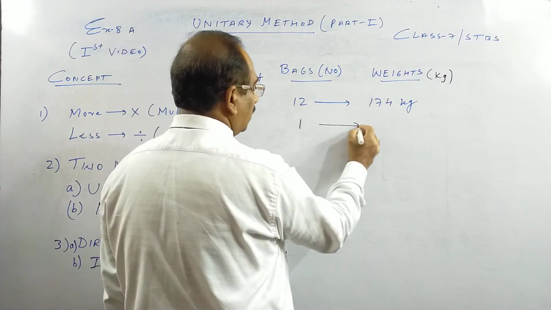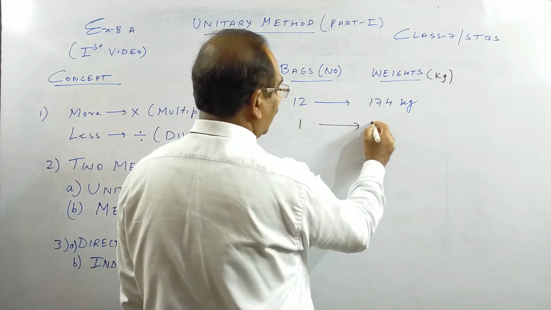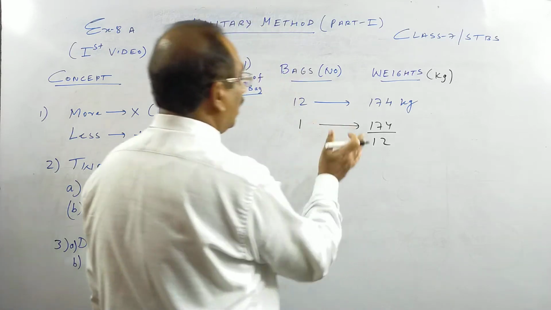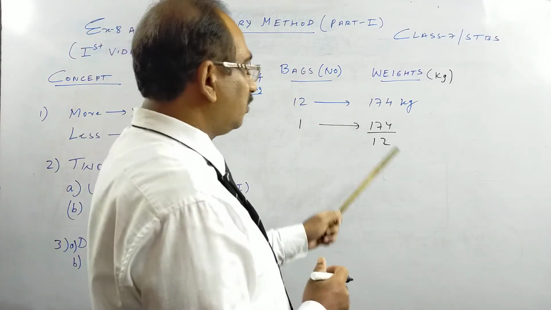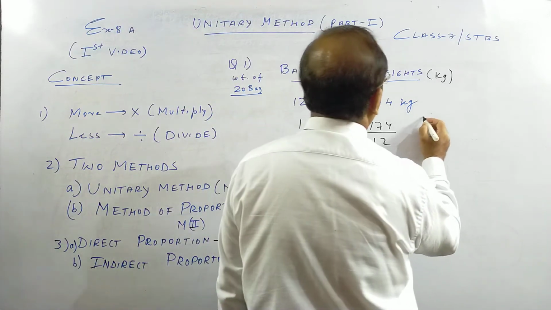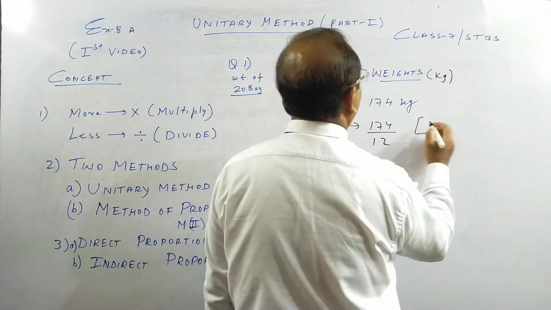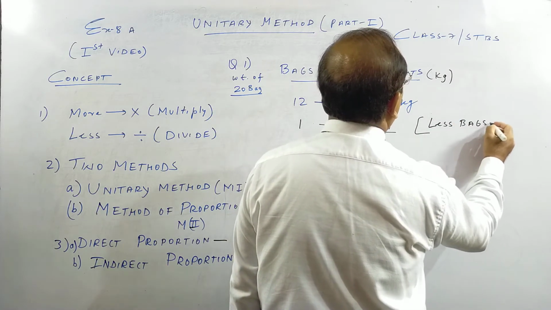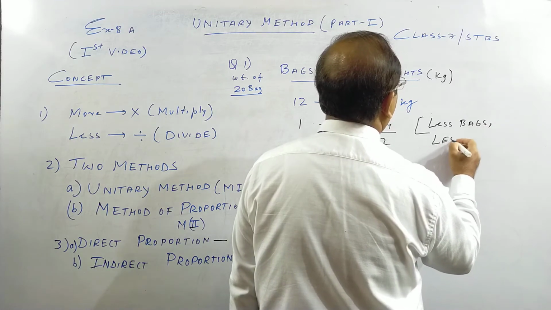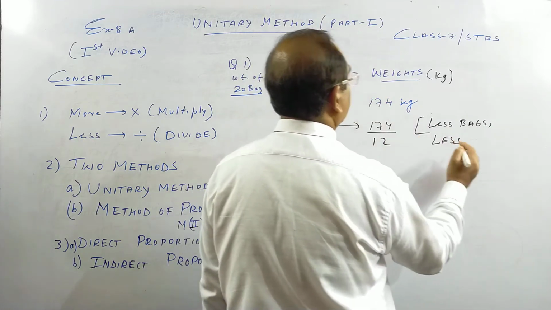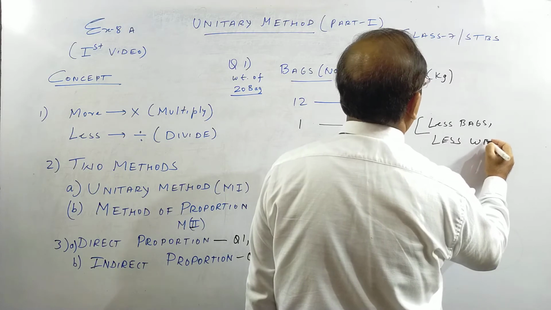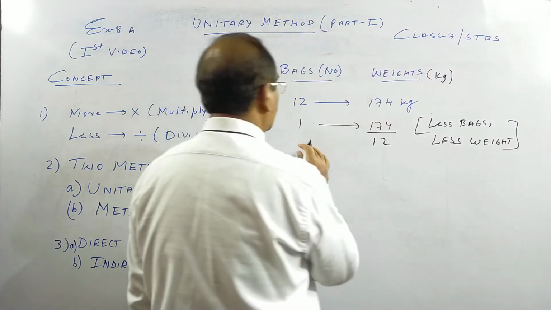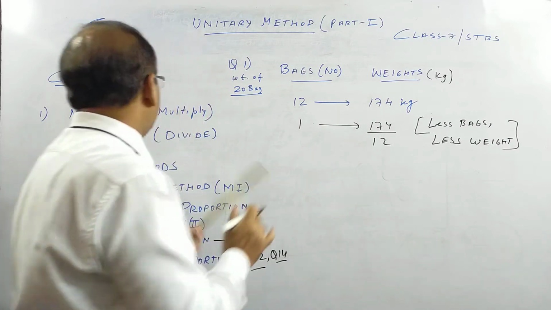So one bag, children, if you find, will be less. Imagine 12 bags weigh this much, so one will weigh less. So what you will write here, less bags, this is your logic, means less weight. Okay, 12 bags weigh this much, less weight. Okay, so once you get for one, less means division.